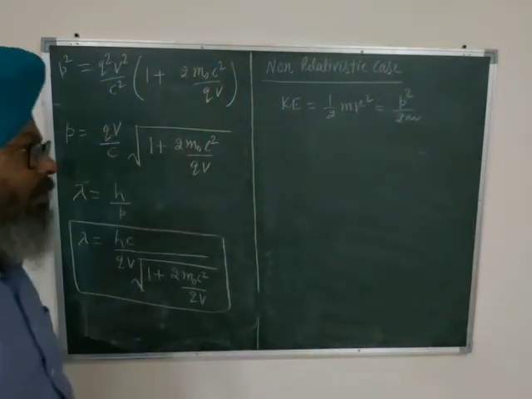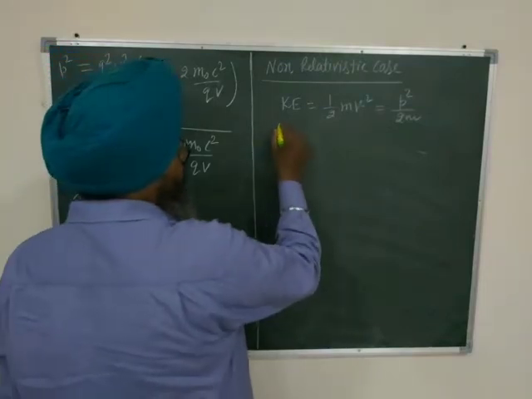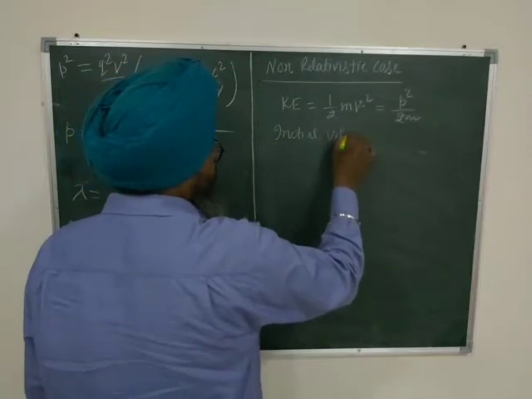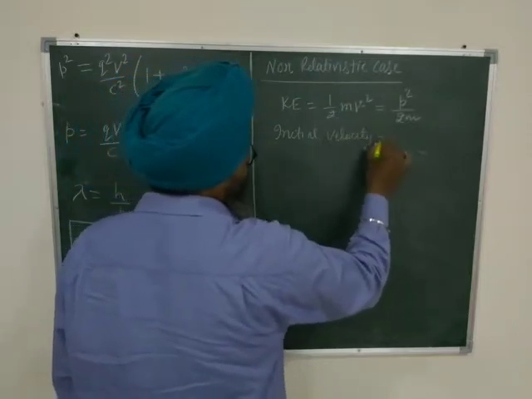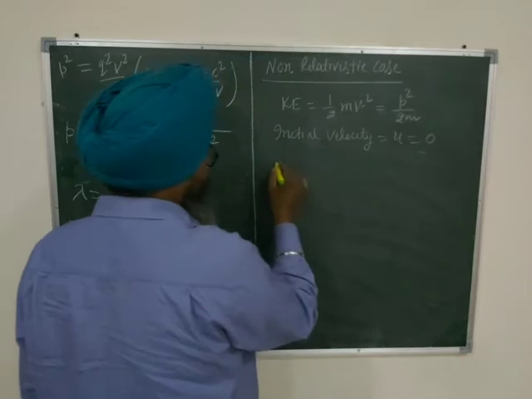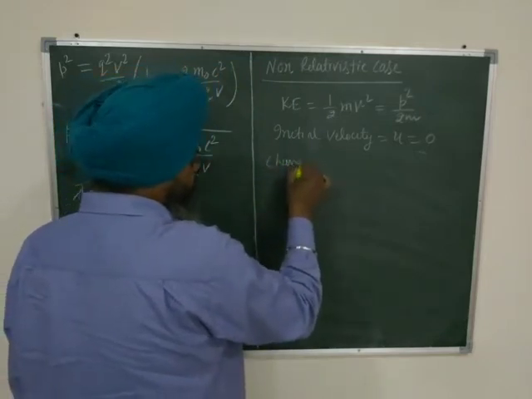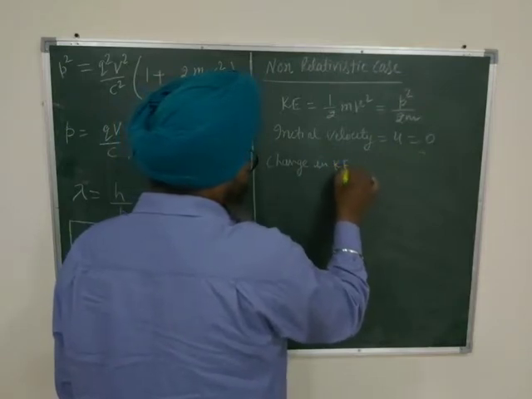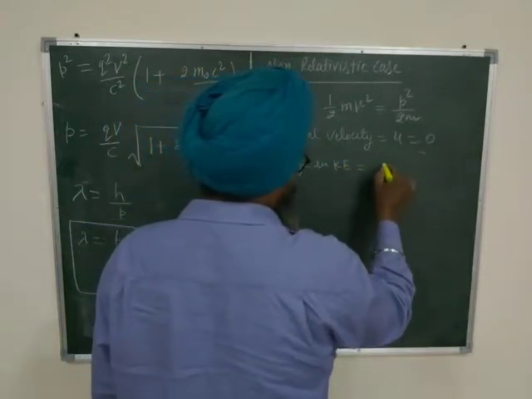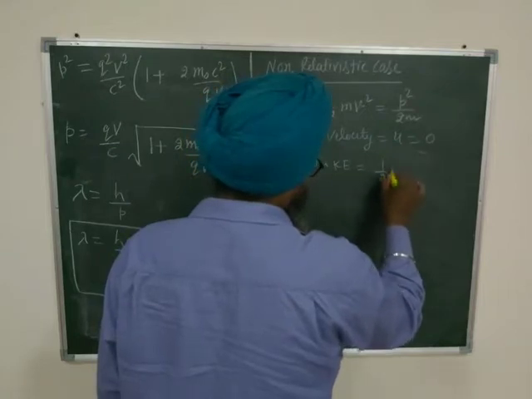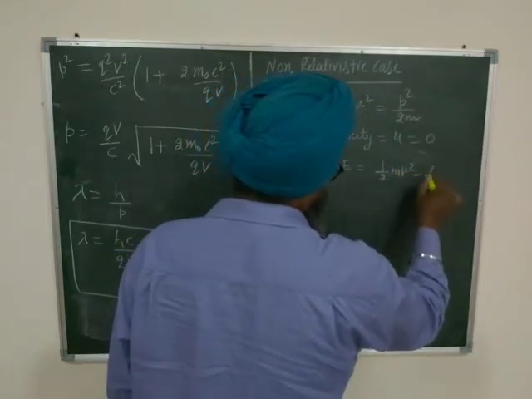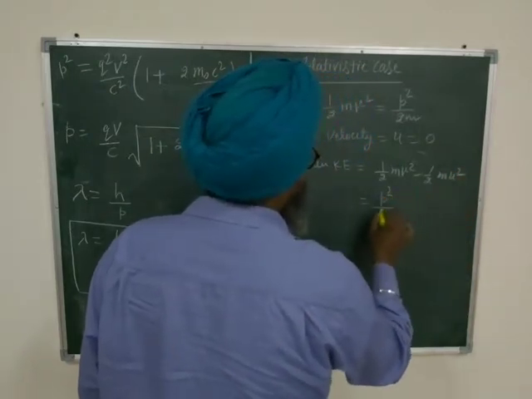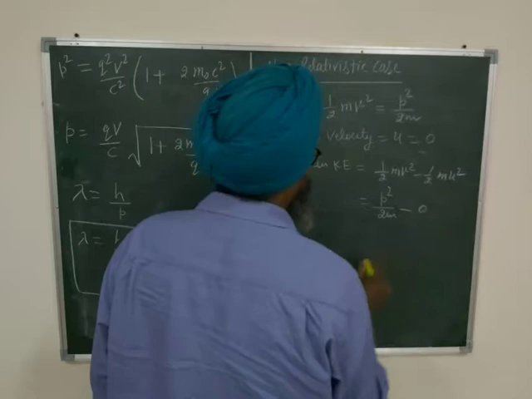If I make the same assumption that the initial velocity of the charged particle was u equal to 0, then the change in kinetic energy will be equal to final kinetic energy, that is half mv square, minus initial kinetic energy, that is half mu square, which will be p square by 2m minus 0.